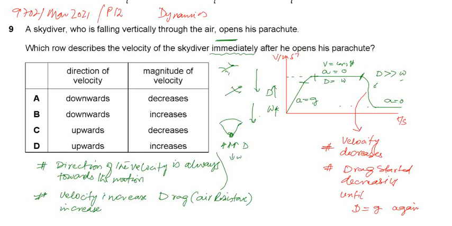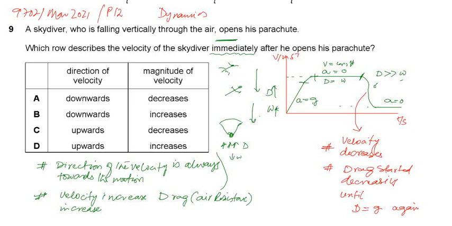Now, as soon as the skydiver jumps, his velocity starts increasing and the acceleration is constant until the air resistance starts to apply. Before that, a equals g.